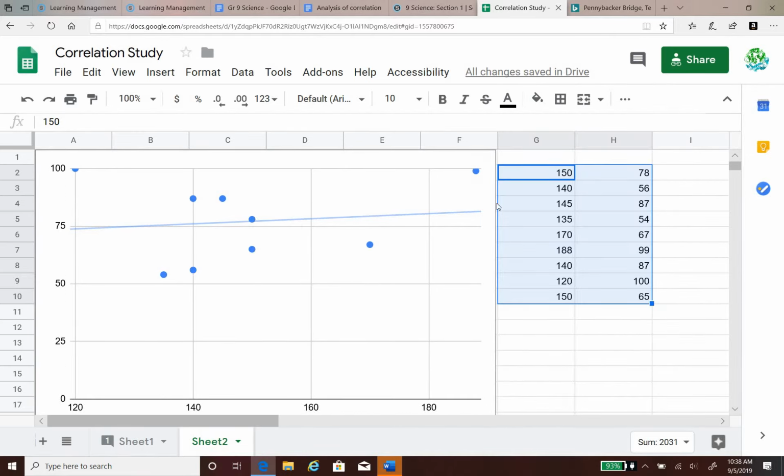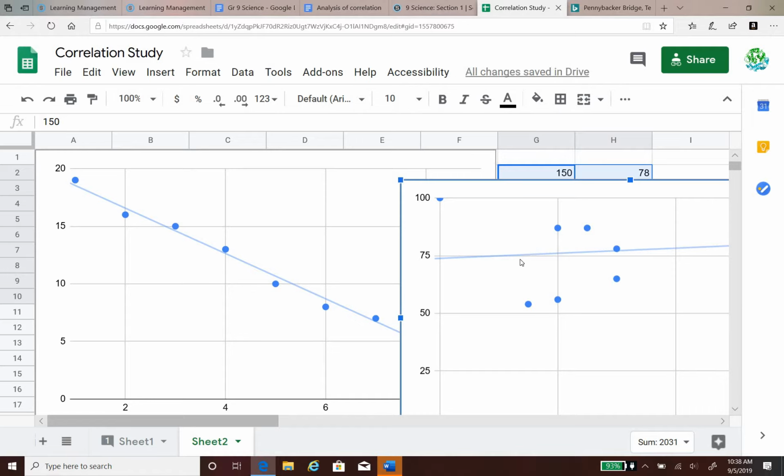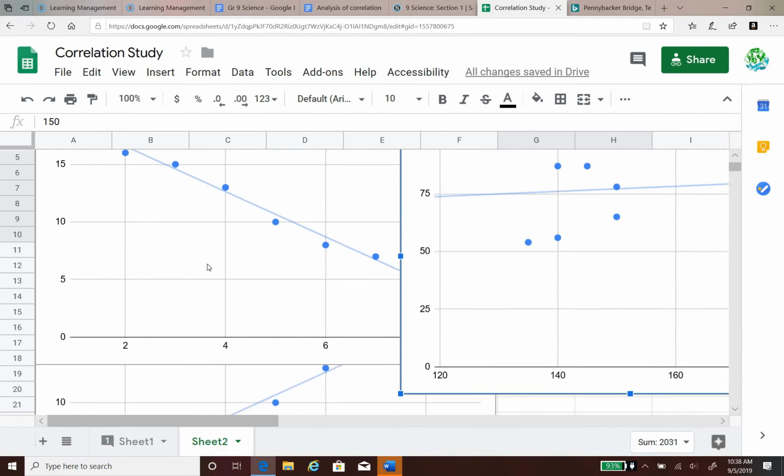What do you notice is different about the way the dots are arranged around the line in this graph versus the first two? In which of the three are the dots really far from the line? This one right here. You notice the dots are really far from the line because that's an example of weak correlation. That means the data is all over the place.